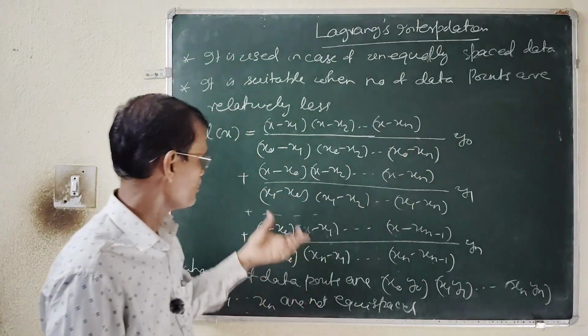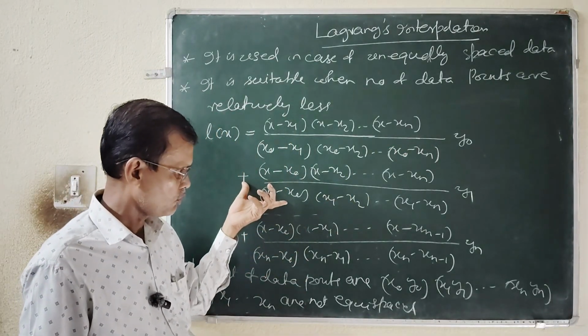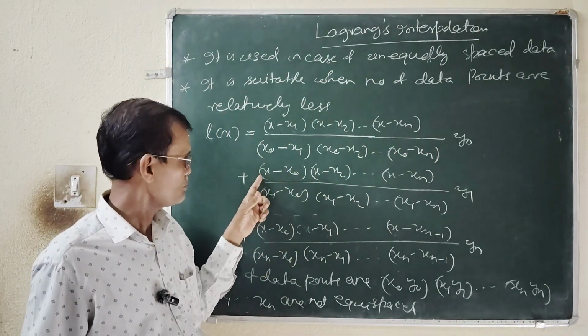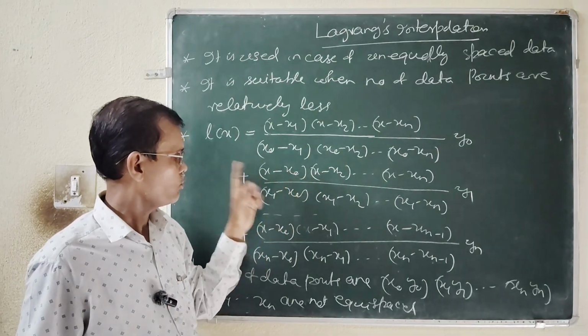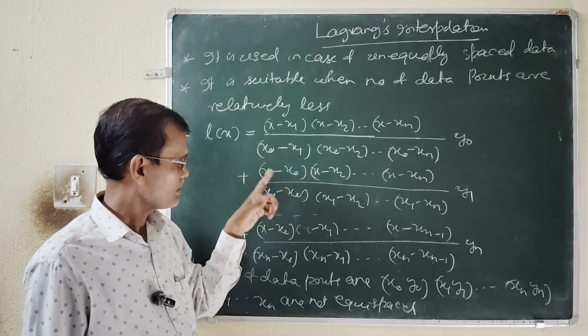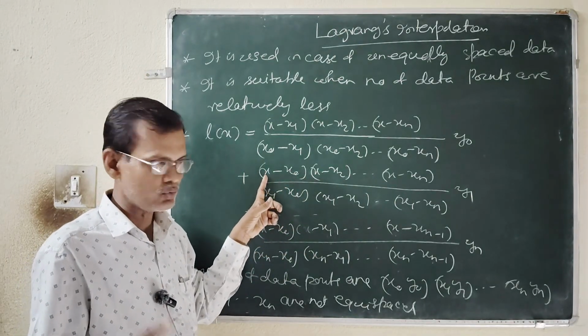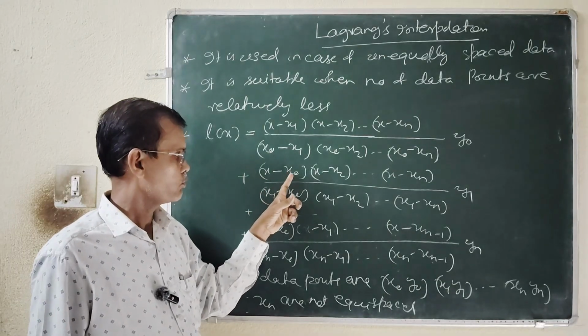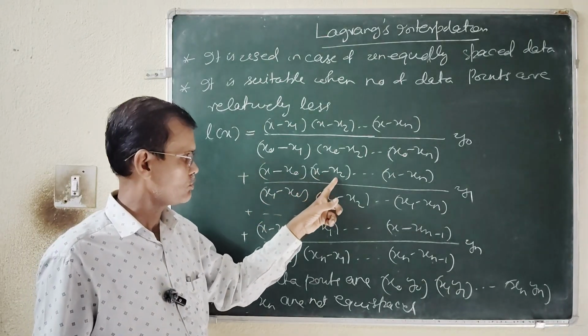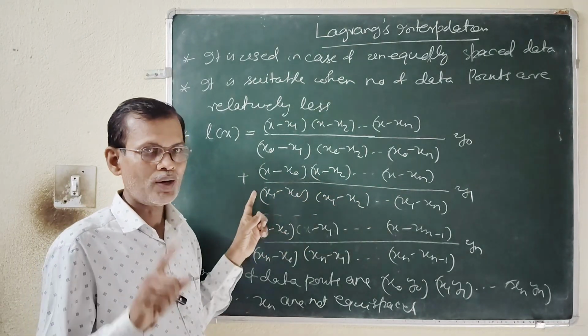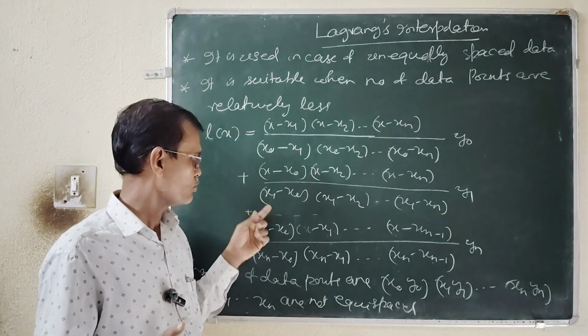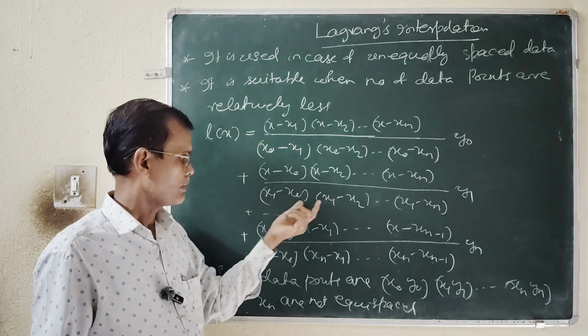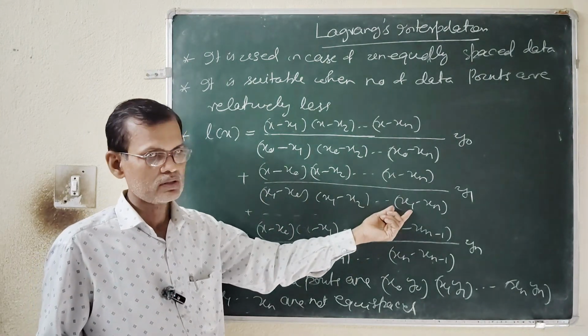In a similar manner you come to the second term. In the second term we are neglecting x1, meaning x1 is not there. We subtract every xi from x except x1: x minus x0, then x minus x2 up to x minus xn. In the denominator, x1 minus x0, x1 minus x2 up to x1 minus xn.